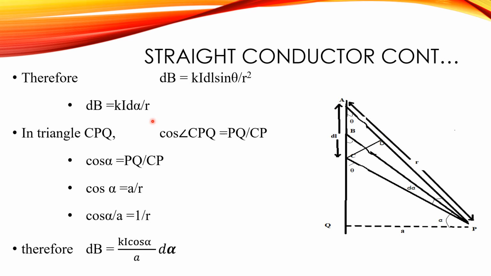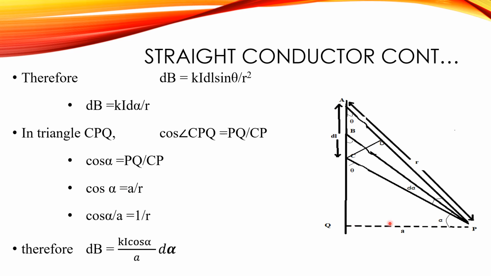So this triangle CPQ will give us cos of alpha is equal to PQ by CP. Here we have CPQ, so cos alpha is equal to PQ by CP, and cos alpha is equal to A by r.